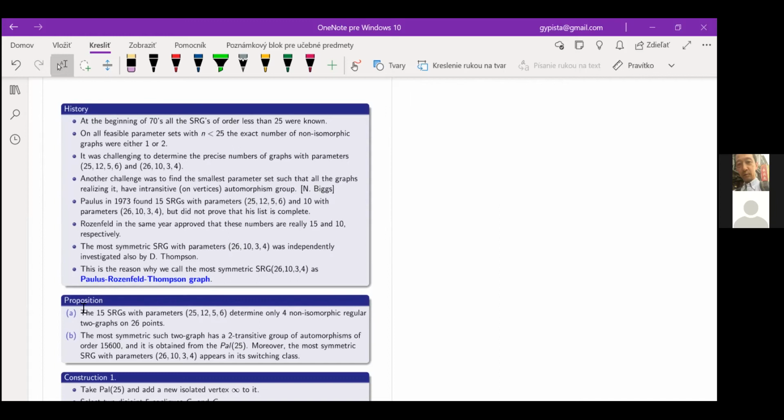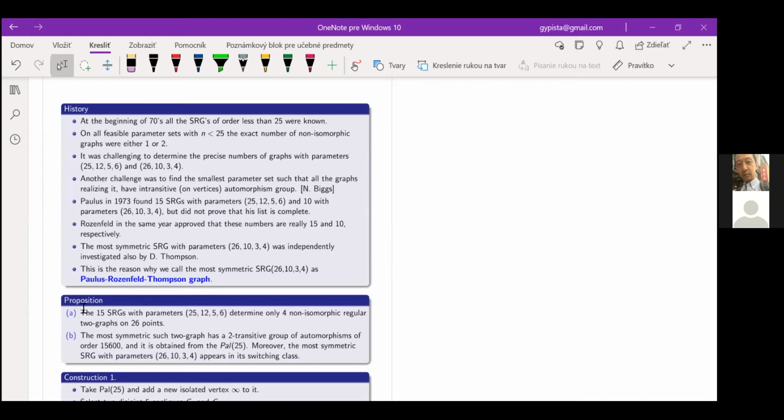So he formulated a problem. Okay, he was not believing that this is really the case, so he formulated it in another manner: find the smallest parameter set on which this is not the case, so all the realizing graphs are intransitive on the set of vertices.